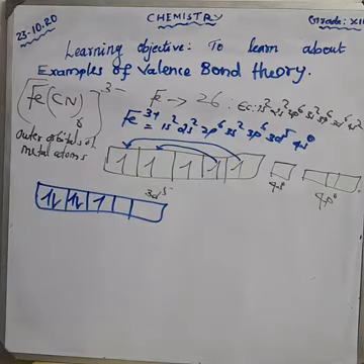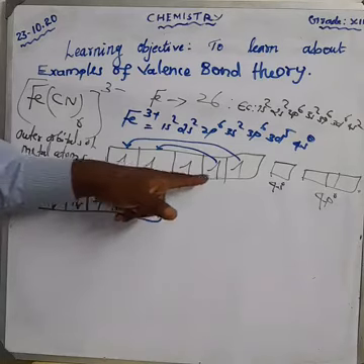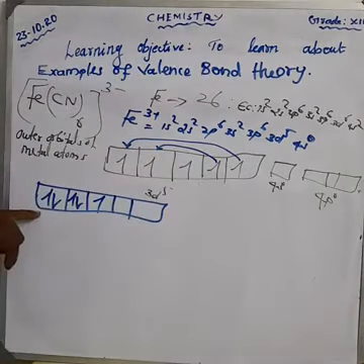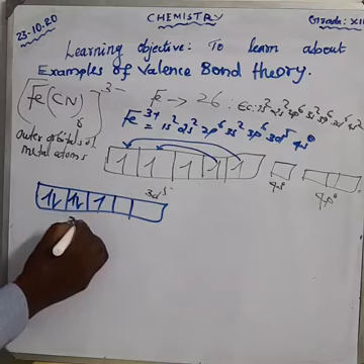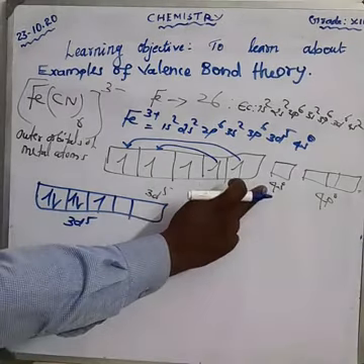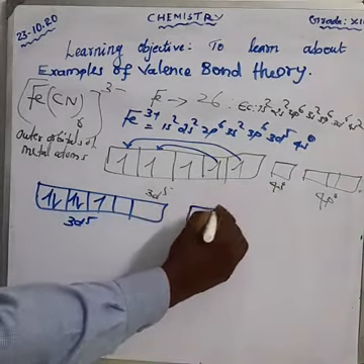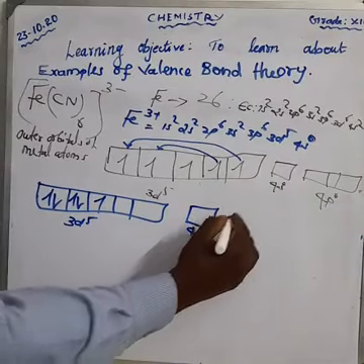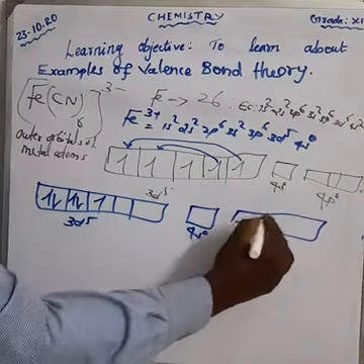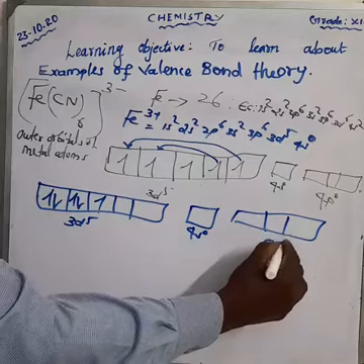Total how many electrons are there? 1, 2, 3, 4, 5. So 3d5. Does 4s have an electron? No. 4s0. 4p also 0.